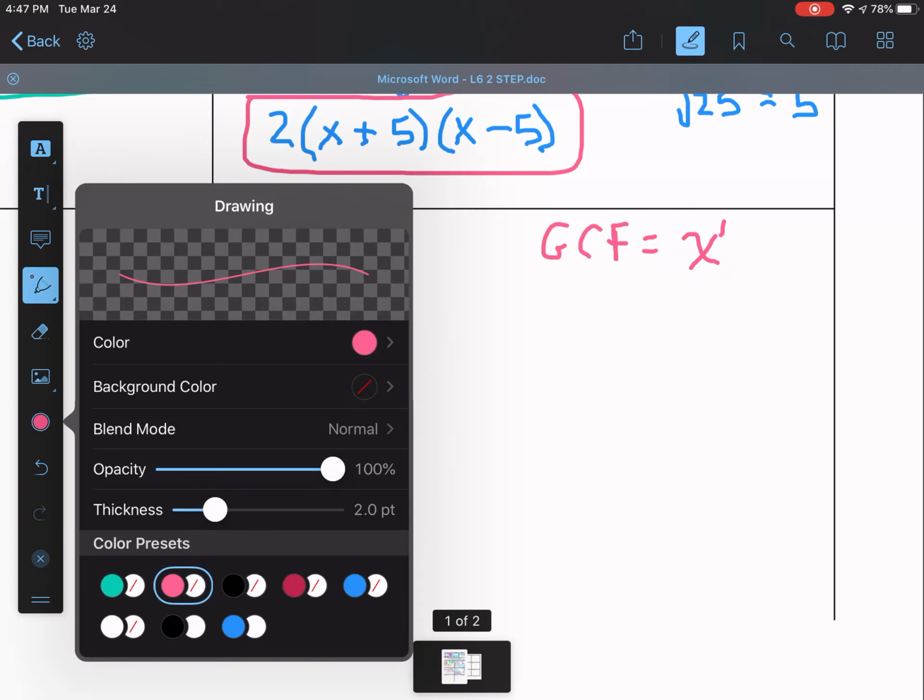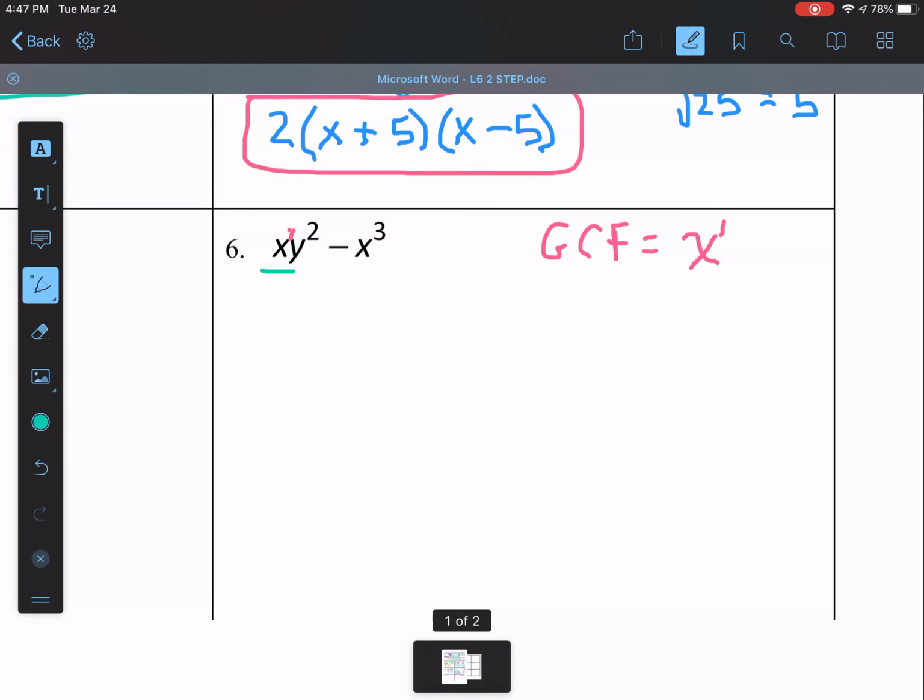So now what we're going to do is divide each piece by x to the first. Okay, so when we do that, in the first term, the x to the firsts reduce to 1 or cancel out. All right, so we're left with y squared minus, okay, and then x cubed divided by x to the first. So remember, when we're dividing, we subtract our exponents, so we get x squared, okay?